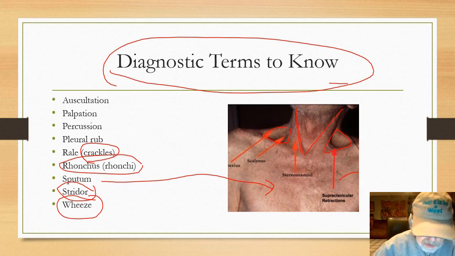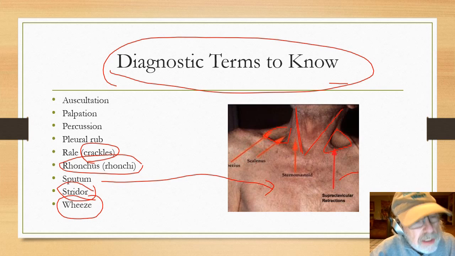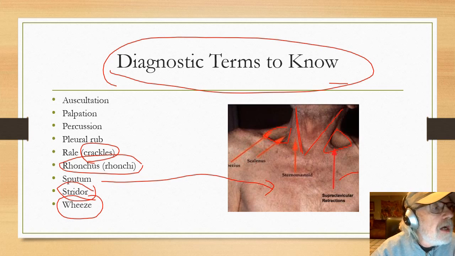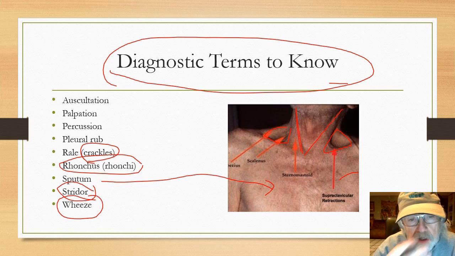A wheeze is a situation where there are small little squeaks that we hear, usually because the airways are partially blocked, either by fluid or because they're narrowed down. Those bronchioles with the muscles start to narrow down, and you'll hear somebody with asthma wheeze. At the end of their expiration, you hear that little squeak at the very end, and you'll hear this not just audibly when you listen externally, but quite prominently with a stethoscope.